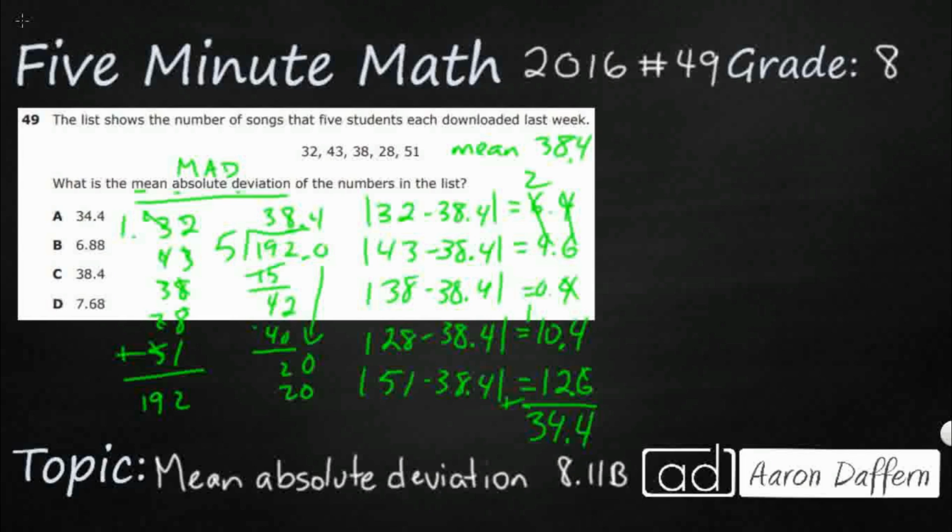We've got the mean. And then secondly, we subtracted everything from the mean. Now we need to find the mean of the absolute deviations, of how far away each of these is. So we're going to take our total, 34.4, and divide that by 5, and we'll have it.